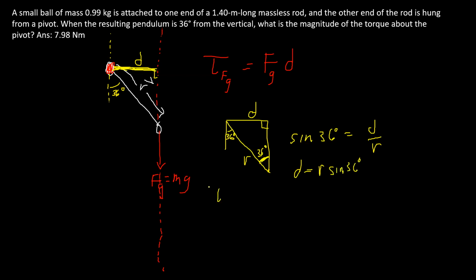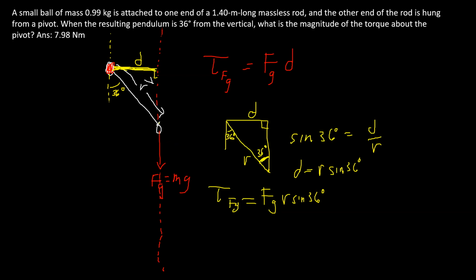Therefore, we can now solve for the torque produced by gravity. It's just the force of gravity times D, which is R sine 36. Is this positive or negative? Let's analyze.